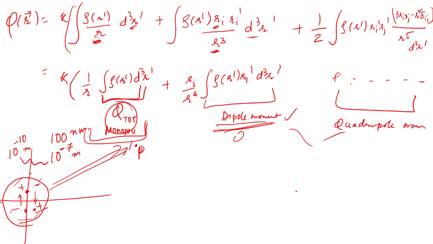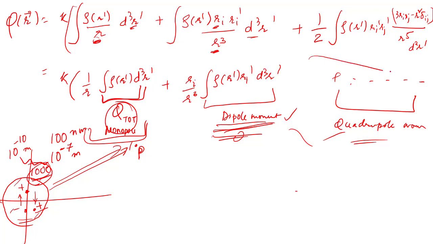So you're already at 1,000 times this distance. From these distances, you don't see the total charge effects, but you rather see these dipole and quadrupole effects, just like I explained here. So that's why these moments are important.